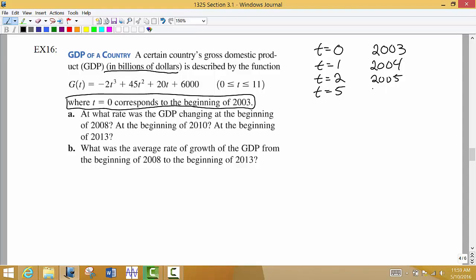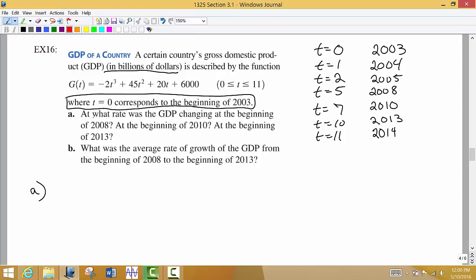If I had t equals 5, that would be 2008, so I'm just adding 5 to that beginning year. t equals 7 would be 2010. t equals 10, of course, would be 2013. Just to give you an idea of what the t values are representing. We go all the way up to t equals 11, which means we go from 2003 to the beginning of 2014.